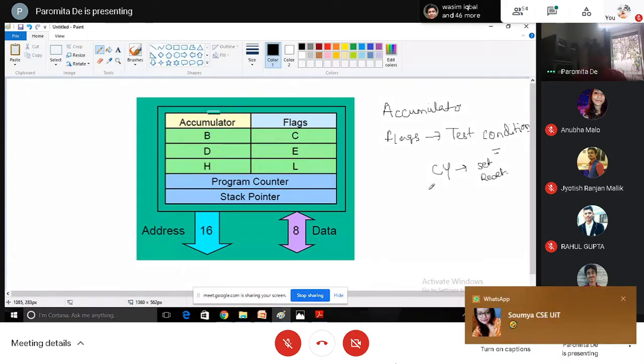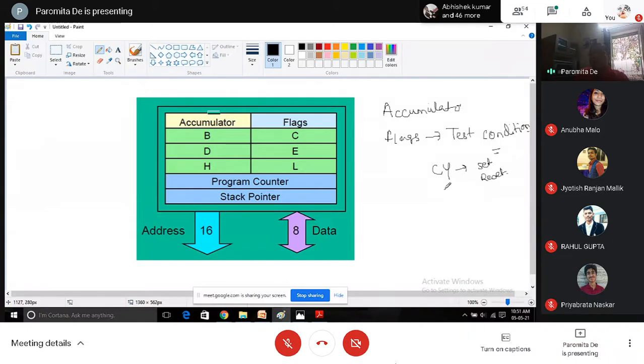It will check: is it a positive number, is it a negative number? There is a sign register in these flags, a register specifically assigned for the sign purpose, and a register assigned specifically for the carry purpose.